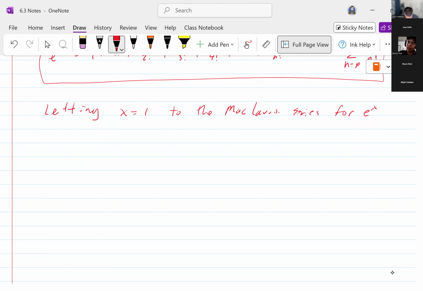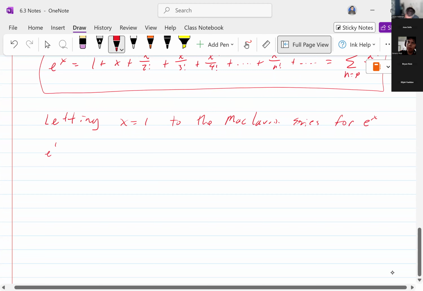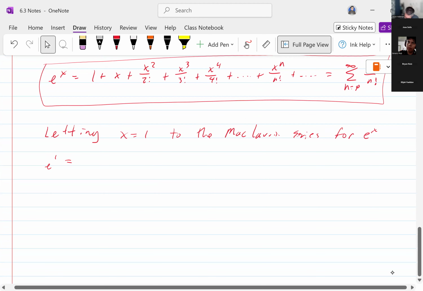So if we take x equals 1, we get e to the first power is equal to 1 plus 1 plus 1 squared over 2 factorial plus 1 cubed over 3 factorial plus 1 to the 4th over 4 factorial plus 1 to the 5th over 5 factorial, plus we could just keep going on forever here.